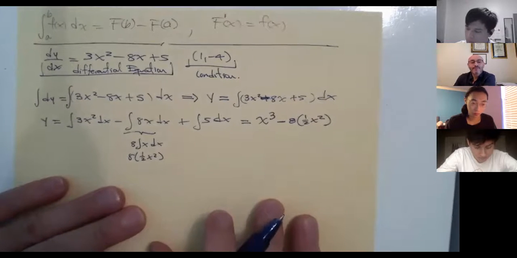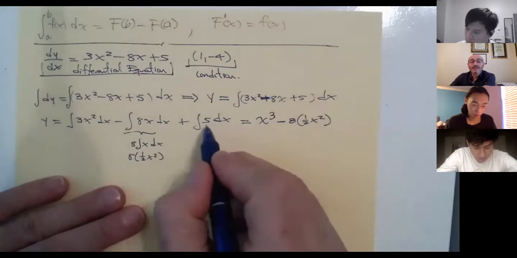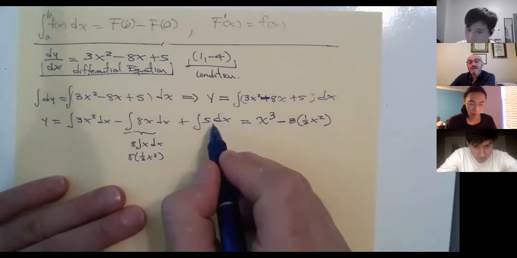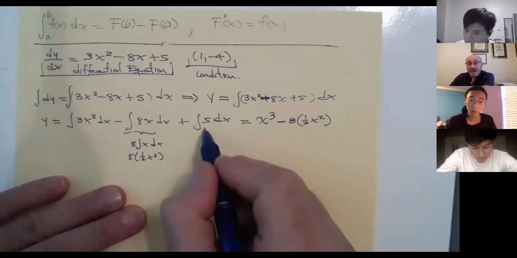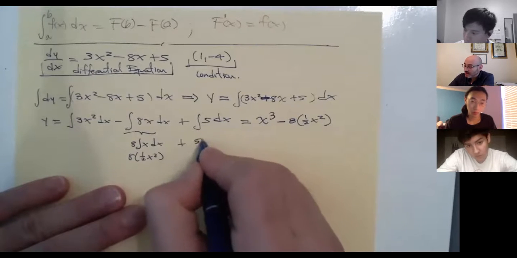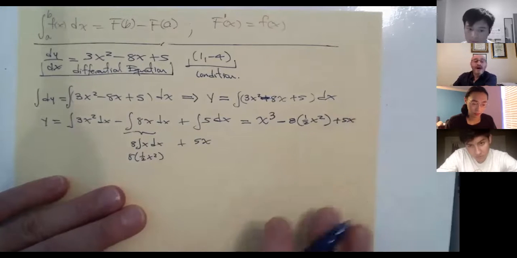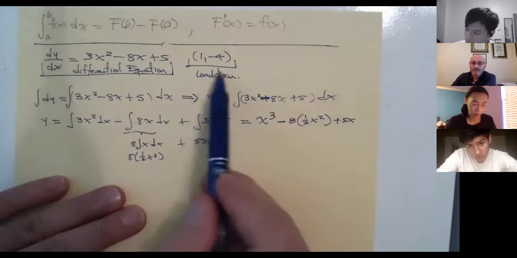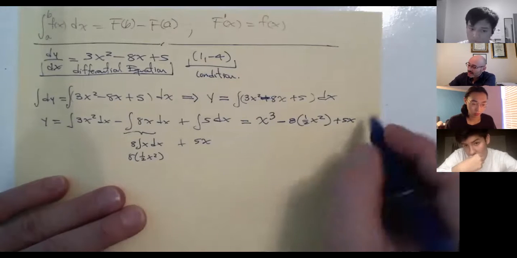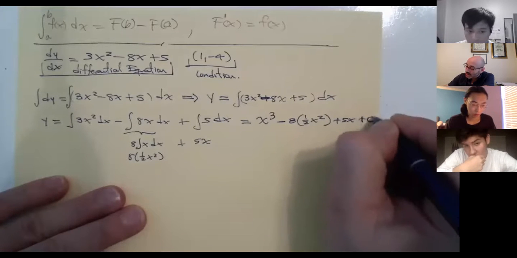Okay? Plus, what's the antiderivative of 5? I can think 5x. It's going to be 5x, correct. Now, since there is a condition, that means that there is a constant that I need to add at the end.